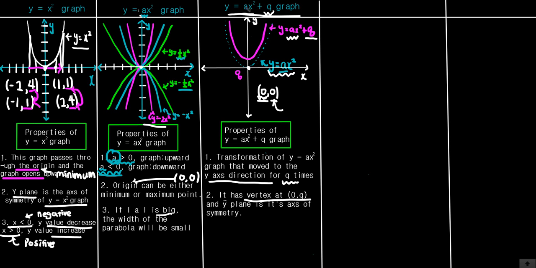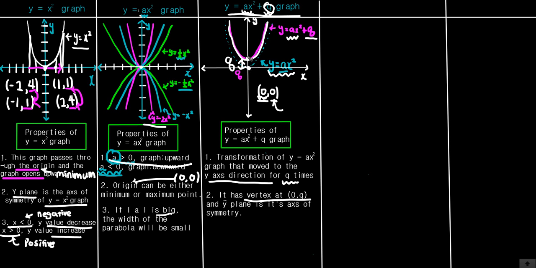Let's think about the case when the a value is positive. As we have learned, when a is positive, the graph goes upward, which is exactly this case right over here. If we move it by q, and let's say q is positive, the distance between the origin and this point will be q.